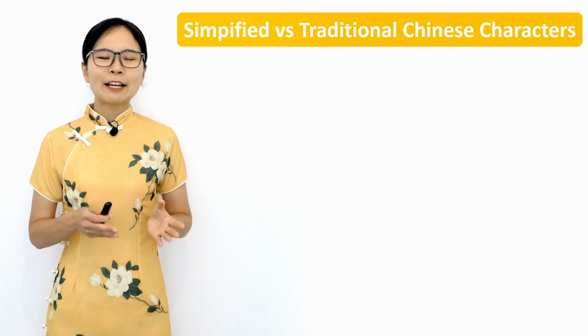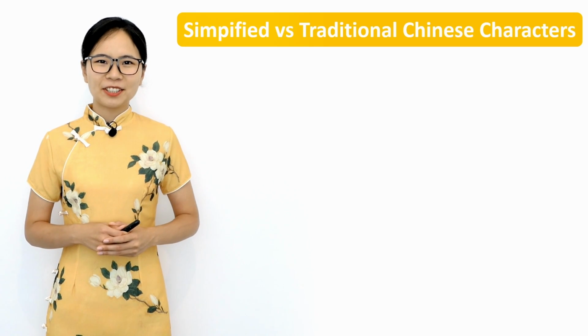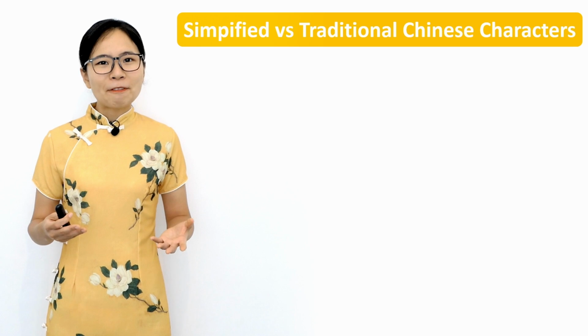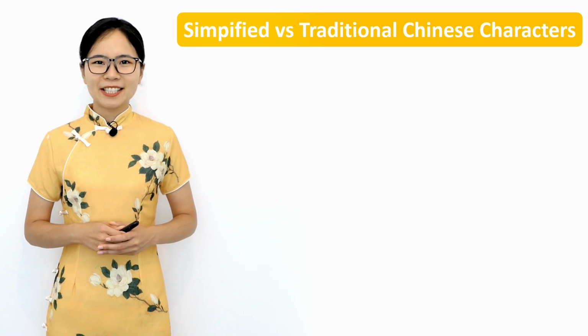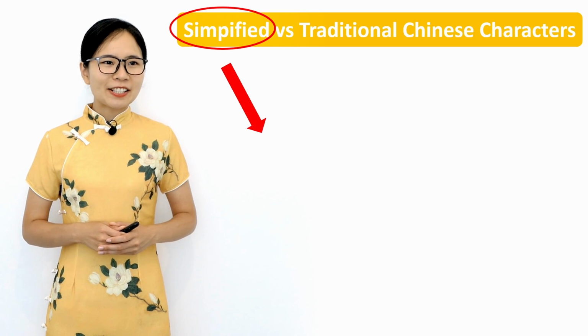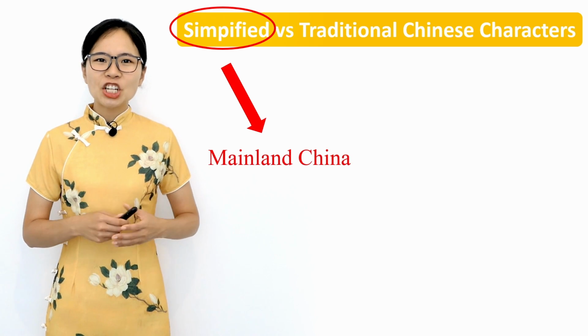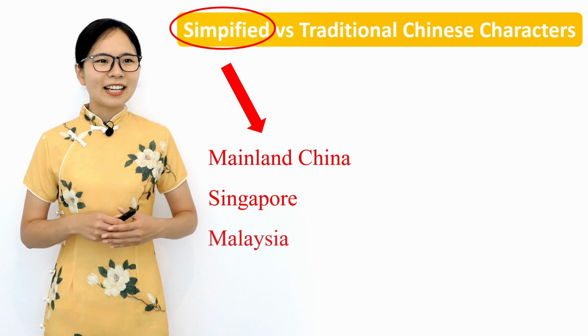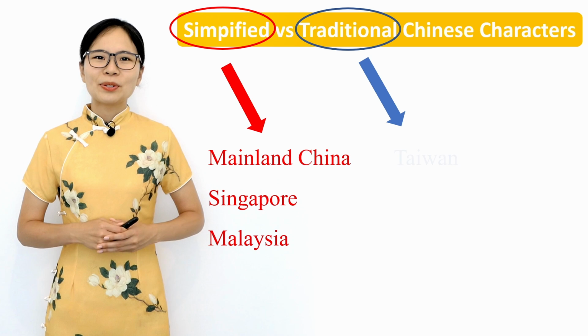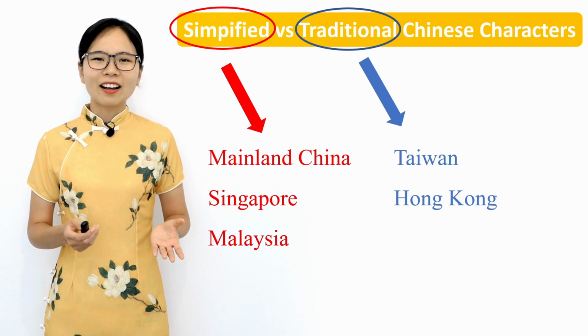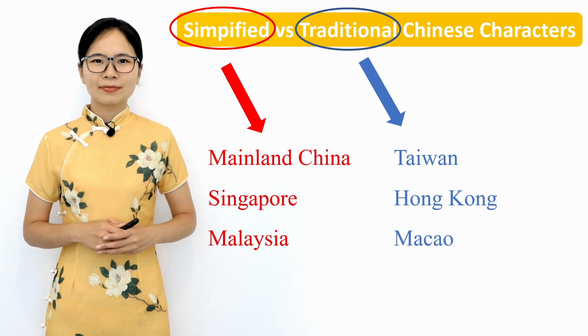I've gotten lots of questions about simplified versus traditional Chinese characters. So just to clarify, nowadays there are two standards for writing Chinese characters. Simplified Chinese characters are used in mainland China, Singapore, and Malaysia, and traditional Chinese characters are used in Taiwan, Hong Kong, and Macau.